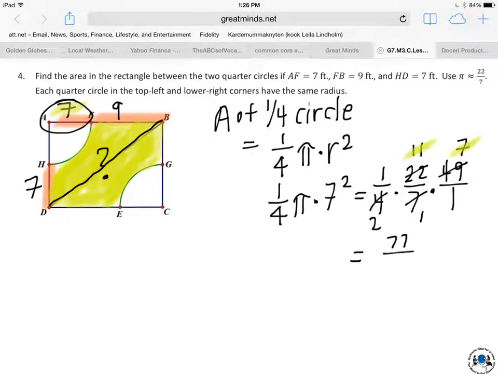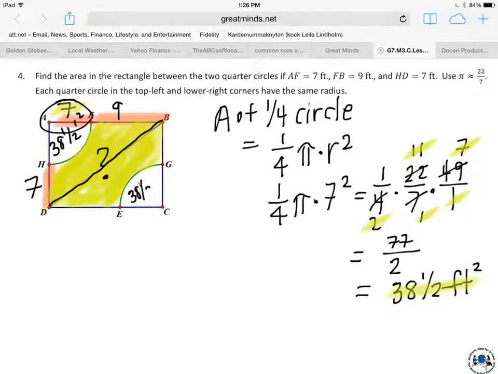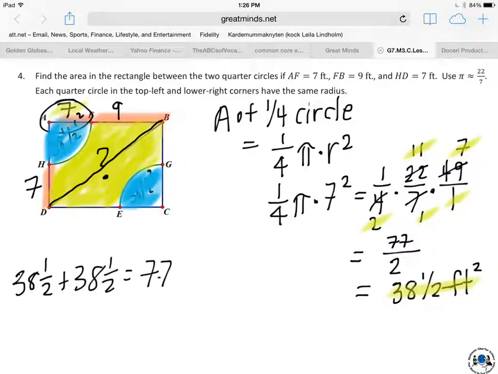And that's going to equal 77 over 2, which is about 38.5 feet squared. Now there's another way to do this, and we'll talk about that in a second, but both of those quarter circles are therefore 38.5 feet squared. Add those two together and we get 77 feet squared is how much area those two take up.